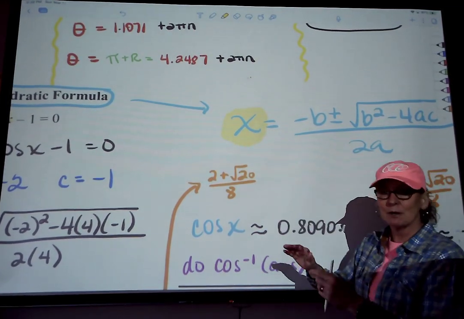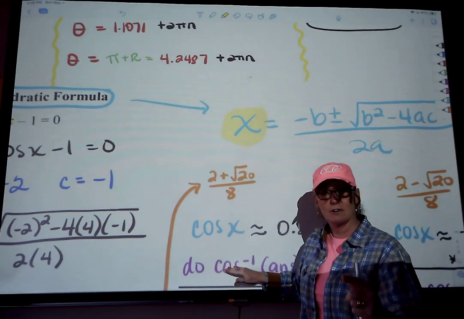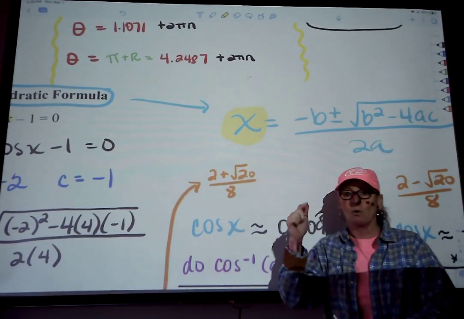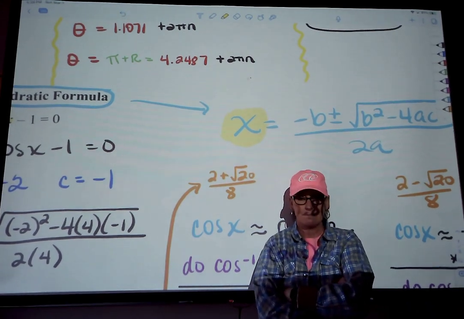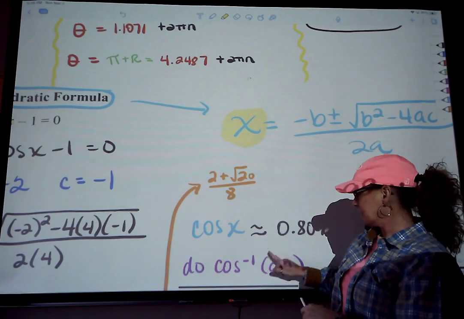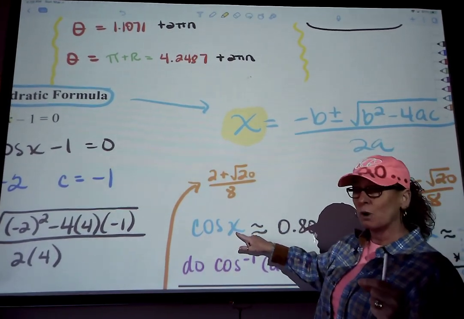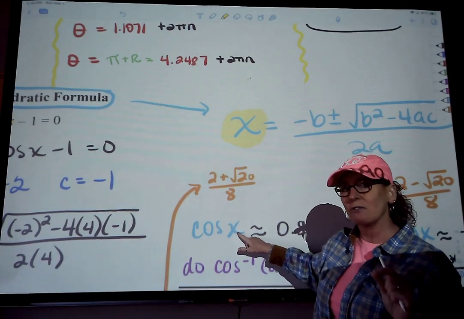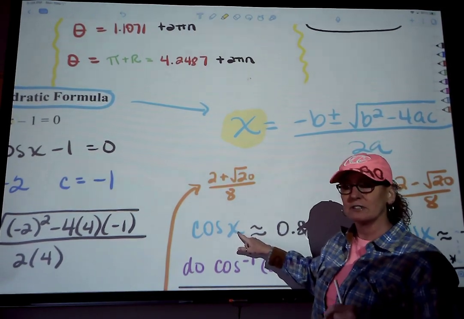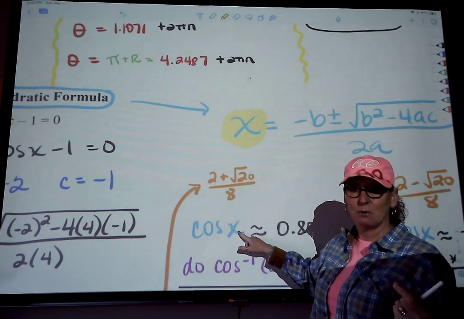Now, the thing I like about this first one is that it's positive. When you do a cosine inverse and this is positive, where's your answer going to come from? You're going to get an angle in quadrant 1. Is that what you want out of a reference angle? Absolutely, you want a reference angle in quadrant 1.